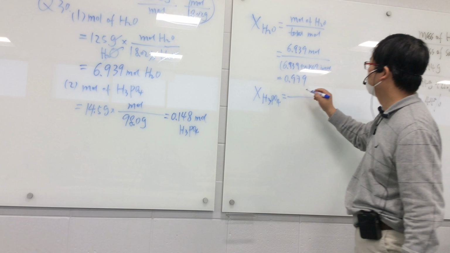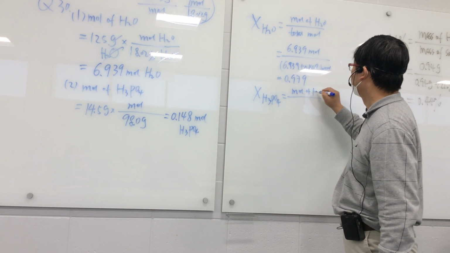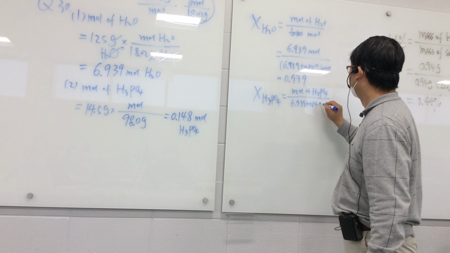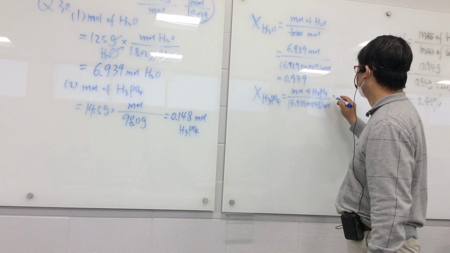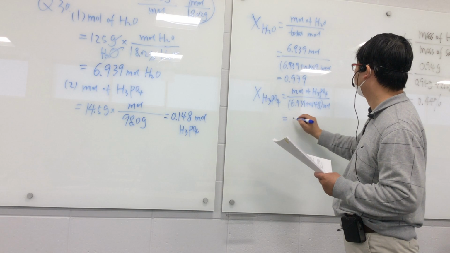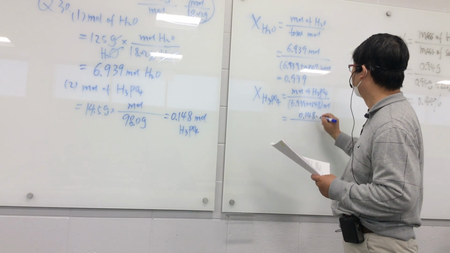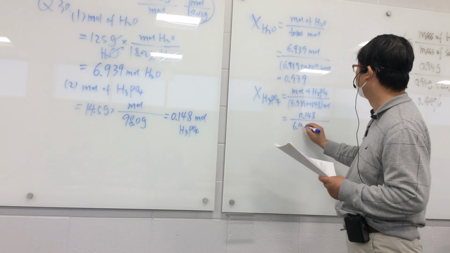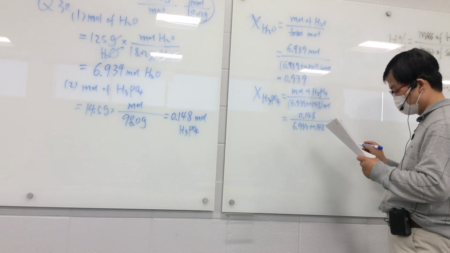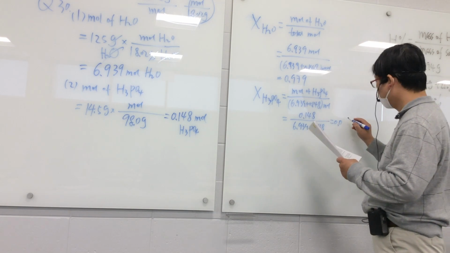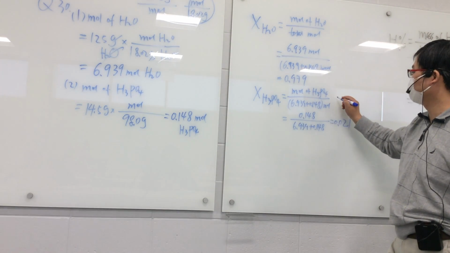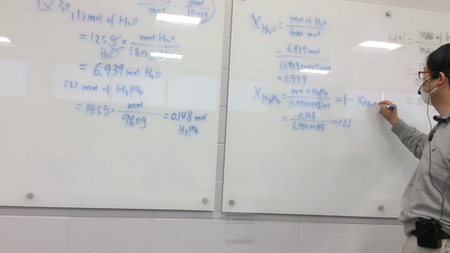For the mole fraction of the acid, you can simply do 1 minus the mole fraction of water.